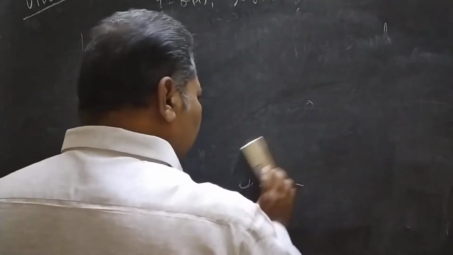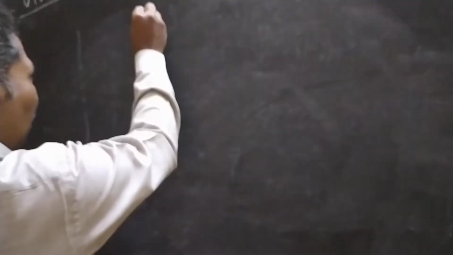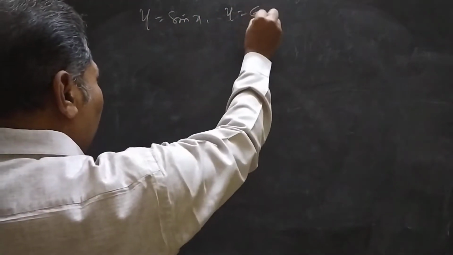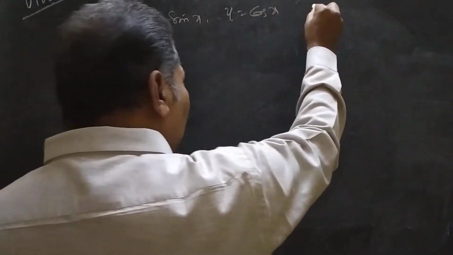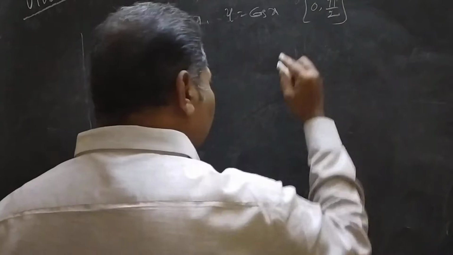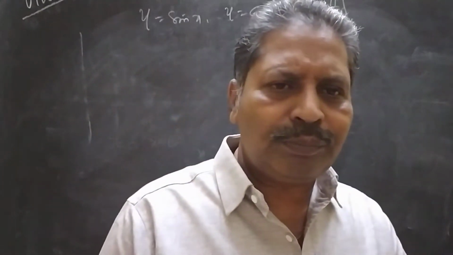See next. Suppose given y equal to sin x, y equal to cos x, and the interval is from 0 to pi by 2.